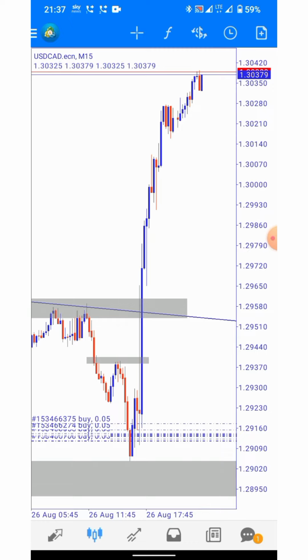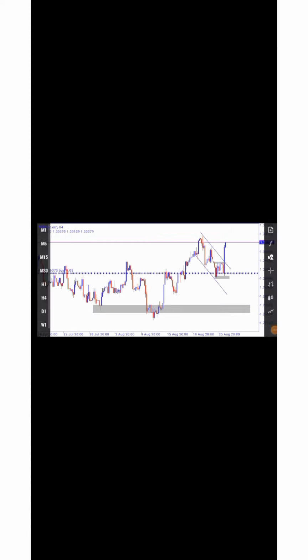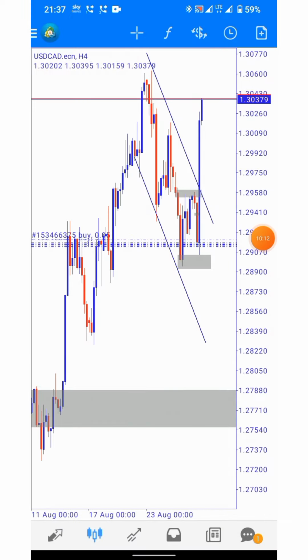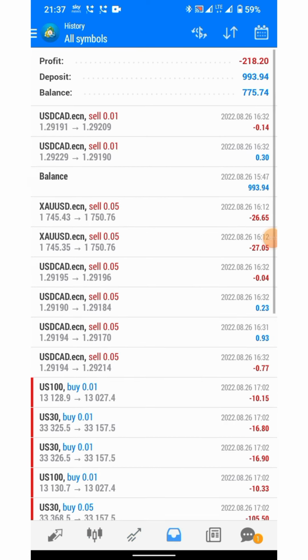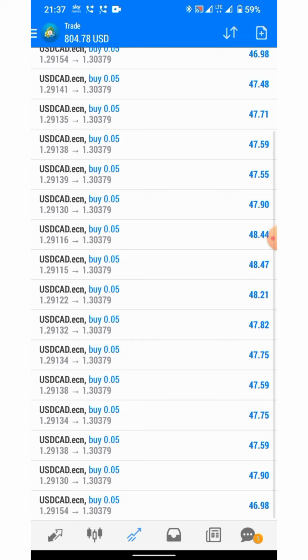So I ended up doing my analysis properly again. Here is why I entered a buy on USD CAD, but I forgot to re-enter a sell on gold. If not, I would have covered all these losses. Nevertheless, as you can see, I made a loss of about $200 or so, and I'm currently floating $800 plus. So I'm still good.